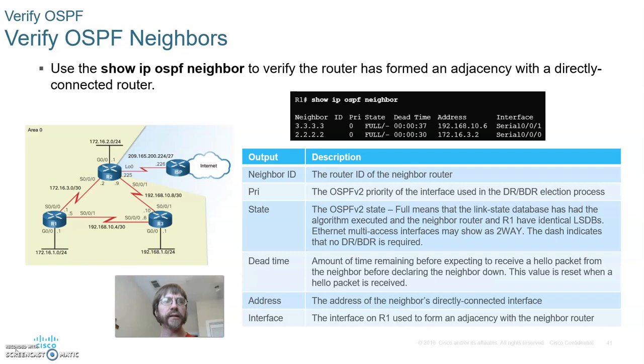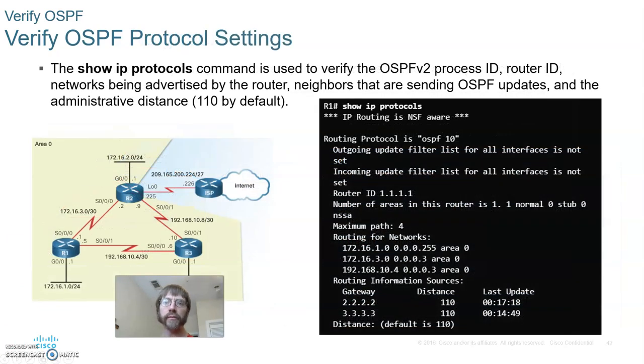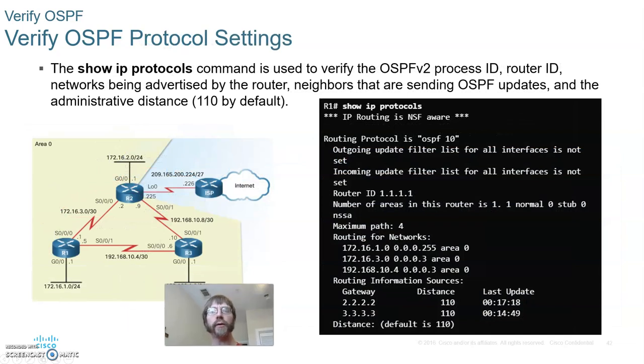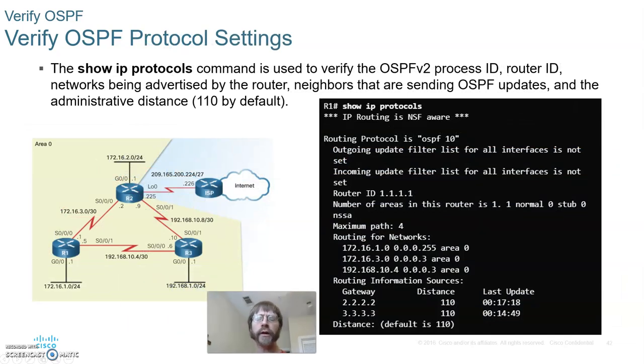So there's that. The next thing is to verify our protocol settings with the show ip protocols command. You should be good and used to this by now. You'll see your router ID, your protocol and your process number, the networks that it is routing for and the areas that it's in.